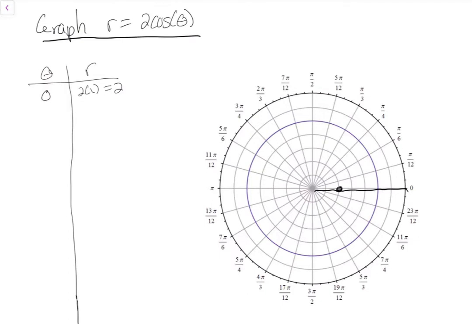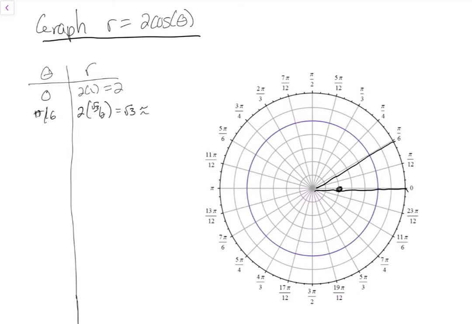So if I'm plotting points by hand, I have to pick angles of which I can find exact values. So the next angle I would find an exact value of is 30 degrees, right? Pi over 6. If I look at my reference triangles or a unit circle, I can see that the cosine of pi over 6 is square root of 3 over 2, and that gives me root 3.